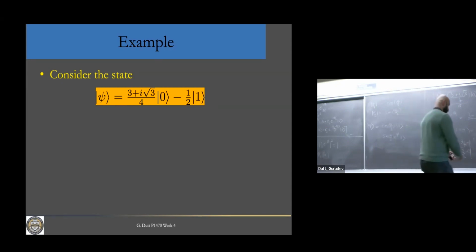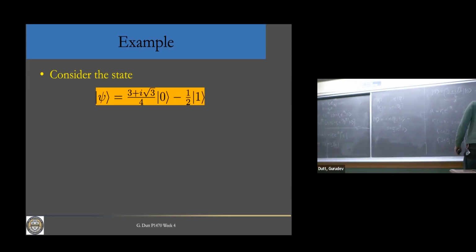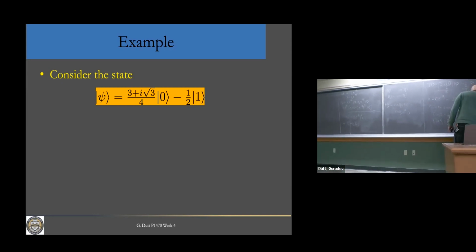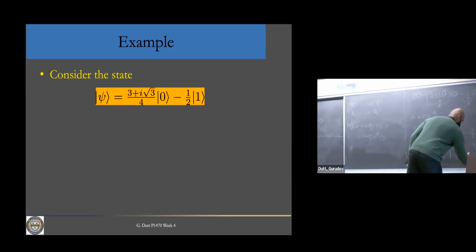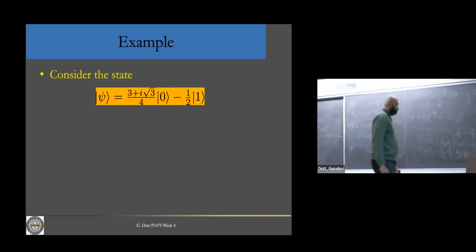So that gives you tan theta equals root 3 over 4 divided by 3 over 4, which is 1 over root 3. So this theta 1 is clearly pi over 6.